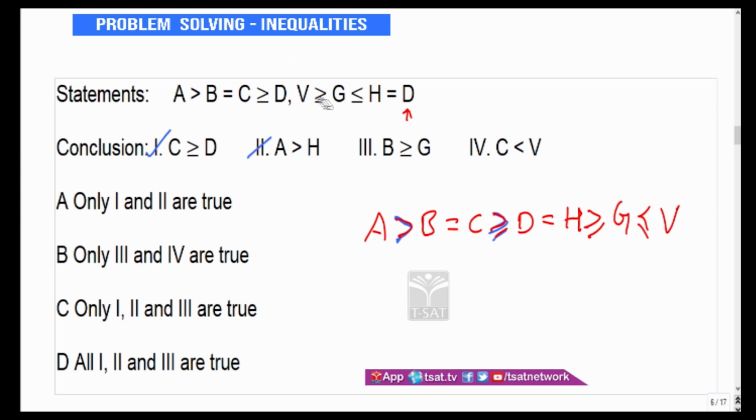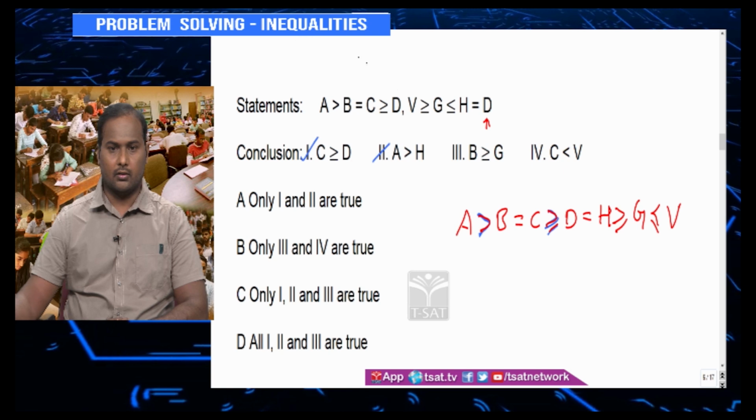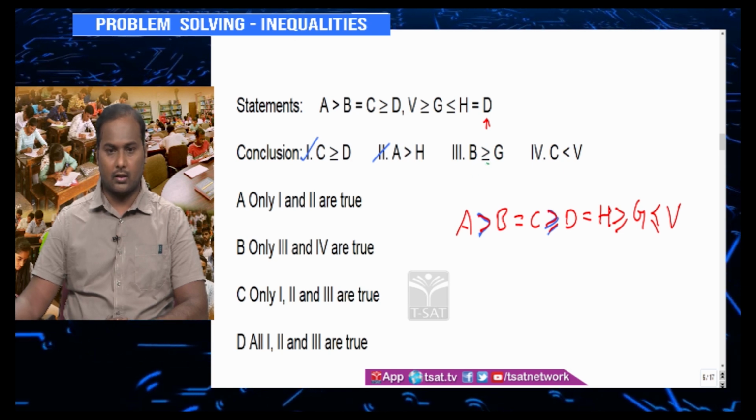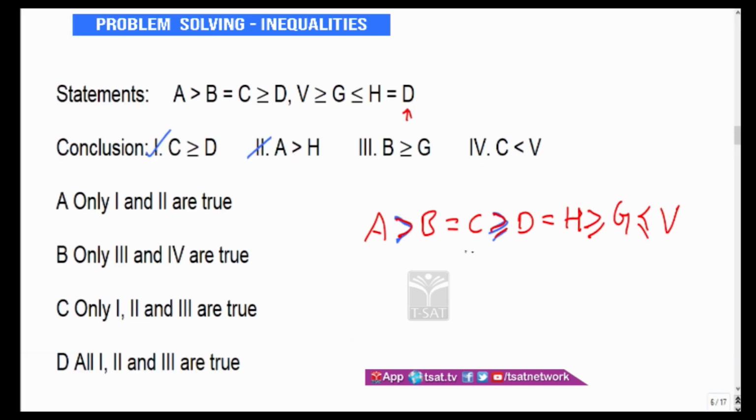Let's take conclusion 3. In conclusion 3, B is greater than or equal to G. So take the two letters B followed by G here. Now he is asking B is greater than or equal to G. See in this case, the symbol is greater than or equal, here the equal symbol is there. Whenever the equal symbol is there, you can directly write B here, it doesn't matter.